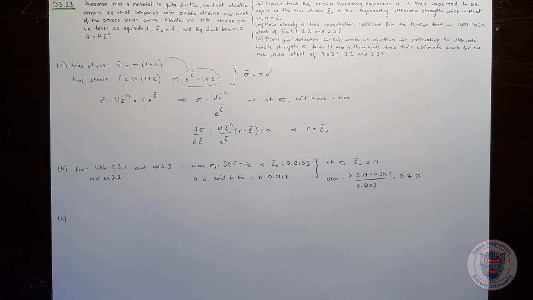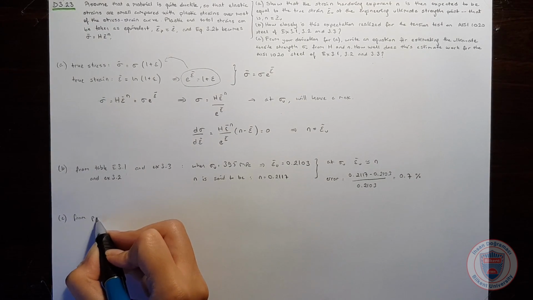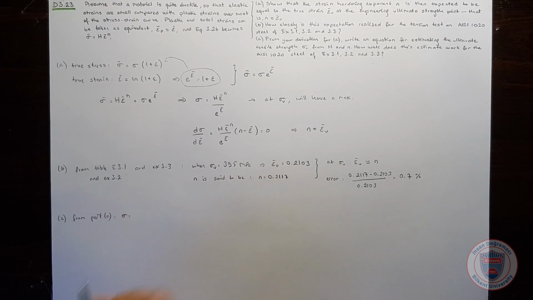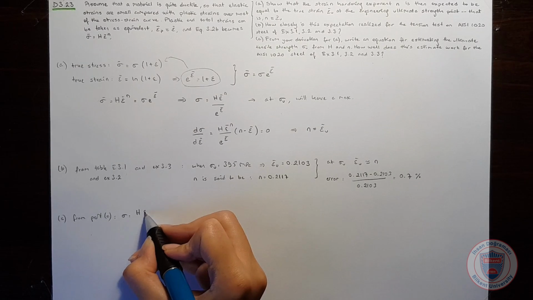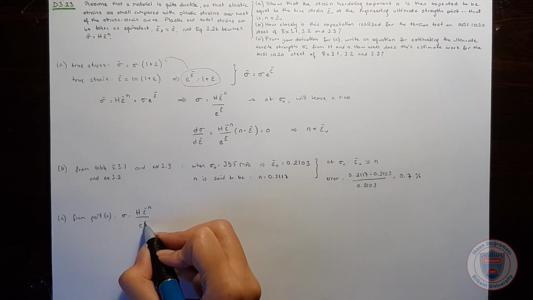Let's talk about part C then. From our derivation for part A, we will write an equation for estimating the ultimate tensile strength from H and N. And we will compare this estimate work for the AISI 1020 steel of example 3.1, 3.2 and 3.3. So, from part A, we can say that the engineering stress is equal to H times true strain to the power of N over E to the power of true strain.